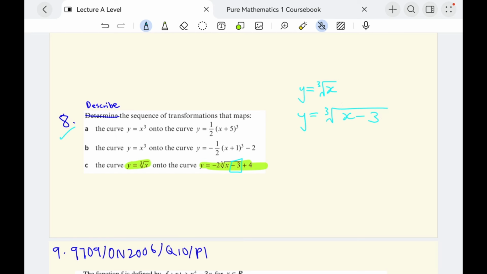Or you can do it in one go, because you see there's a negative, so you can factorize it this way. And you can also factorize 2 outside, so you can have the negative 2. So you can directly describe this as the translation (3, -2).